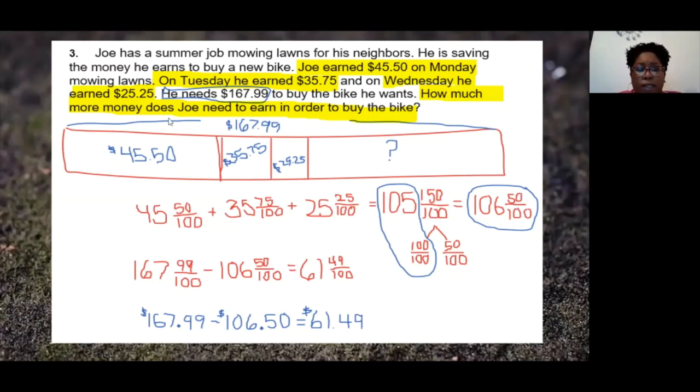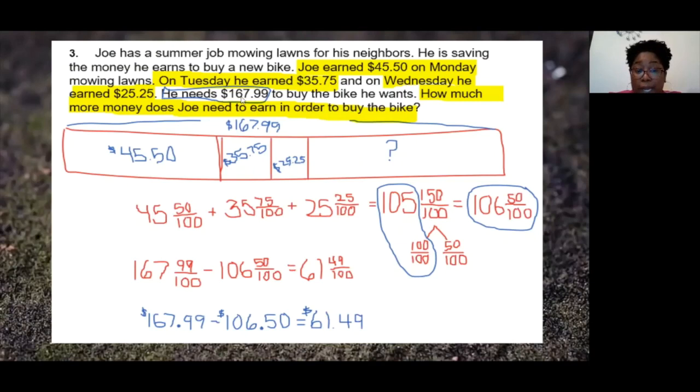Next, we built our tape diagram to include all of the information that we highlighted from the problem. So we started with $167.99, because that's how much he needs to buy the new bike he wants. Then we began to partition our tape diagram to match what's going on in the problem.